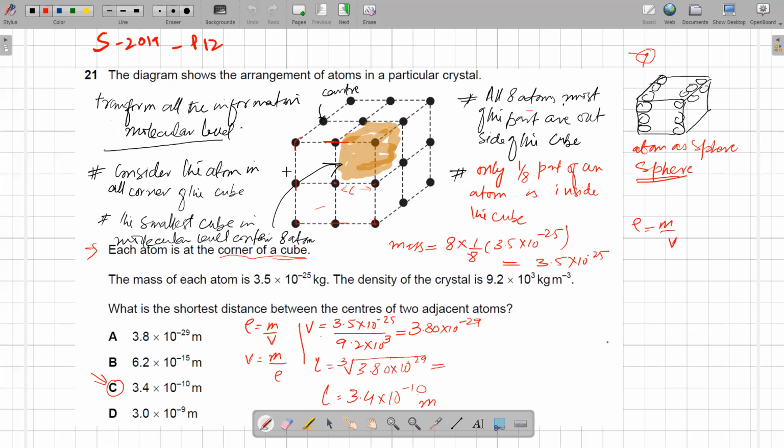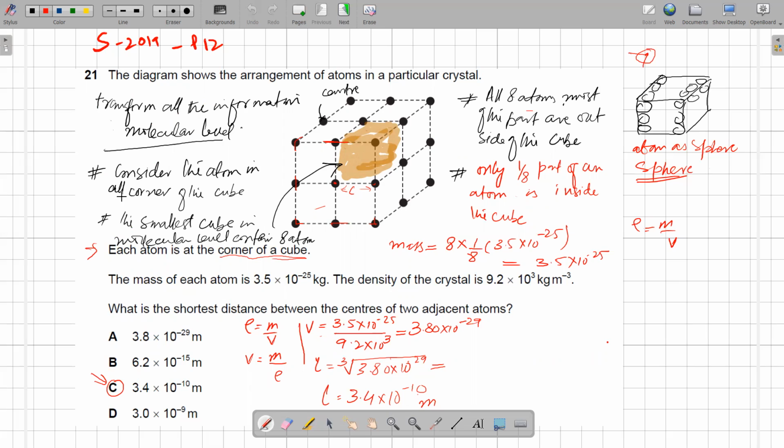The density of this cube is the same as the density of any small piece. So for our easiness, we take the smallest cube here. This is the cube that we need to consider, and the length of this cube will be our answer, right?